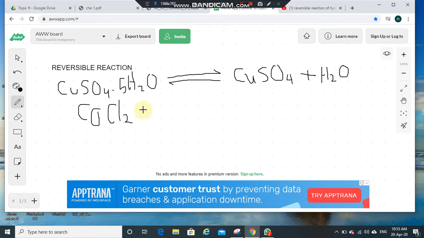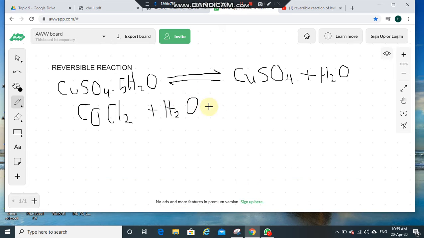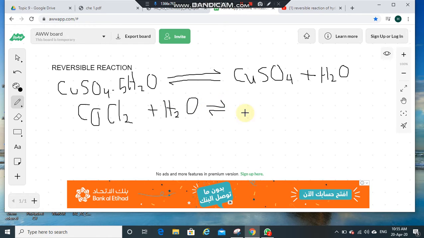If we add water to this cobalt chloride, I'm also going to see hydrous cobalt chloride. It's another example of a reversible reaction. Let's see a video on it.